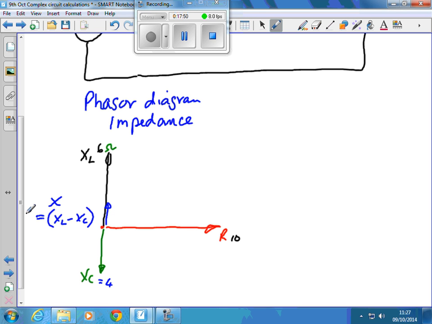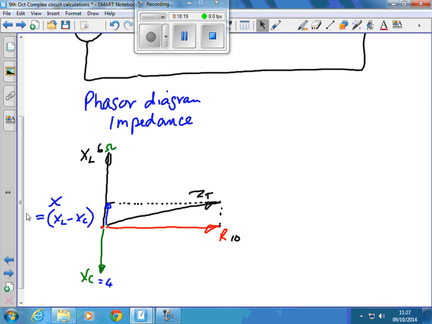Always in that order. You always take XC away from XL. Then we create a parallelogram between the overall reactance X and R. That is our total impedance ZT for that circuit. That's the phasor diagram in terms of the impedances.